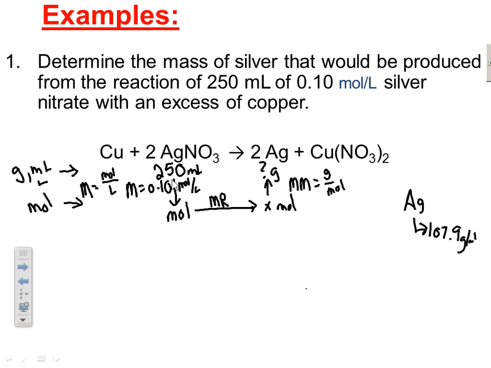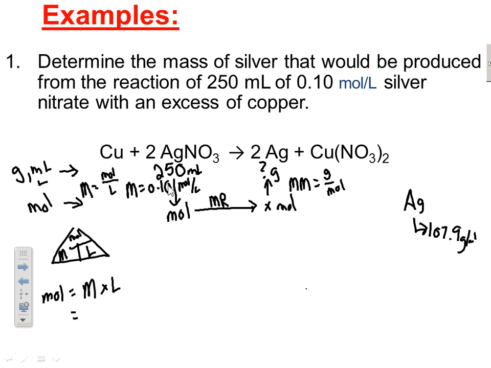So now let's do our three calculations, starting with what we have: our molarity calculation first, then mole ratio, then molar mass. In our triangle, we have moles on the top, molarity, and liters, and I need to find moles. Moles is equal to molarity times liters.